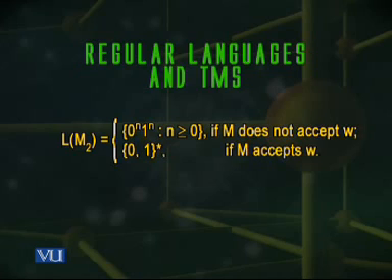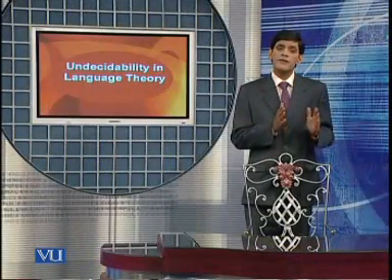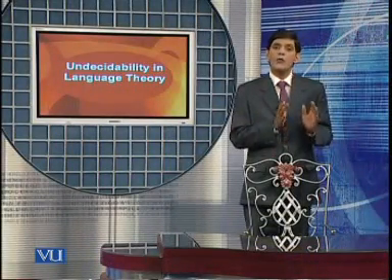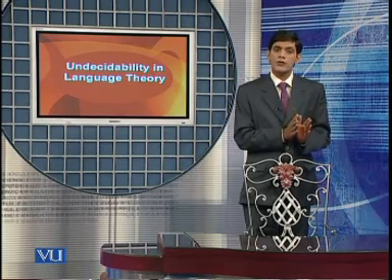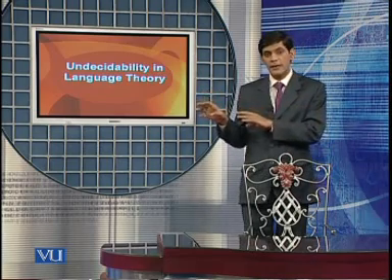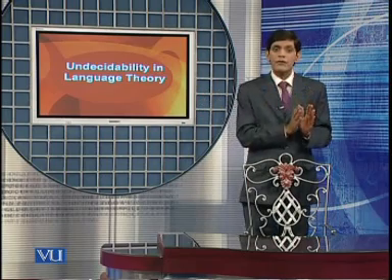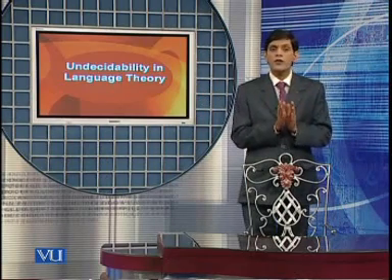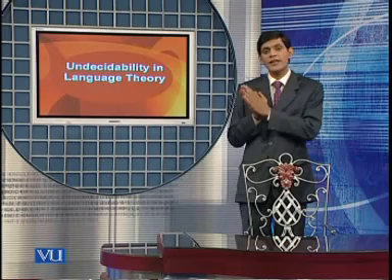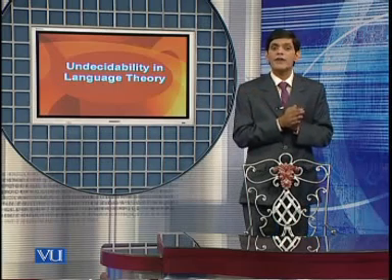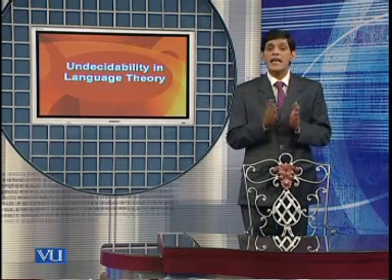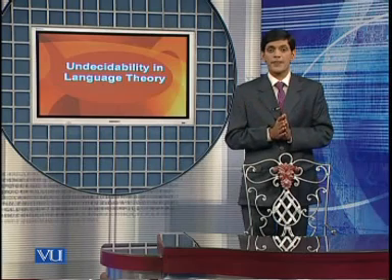Therefore, the language of M2 is going to be {0,1}*, the set of all strings over 0, 1. And in that case, it's going to be regular. So what we have done is we have succeeded in coming up with a new Turing machine M2 by looking at M and W, such that the language of M2 is not regular if M does not accept W, and the language of M2 is regular if M accepts W.